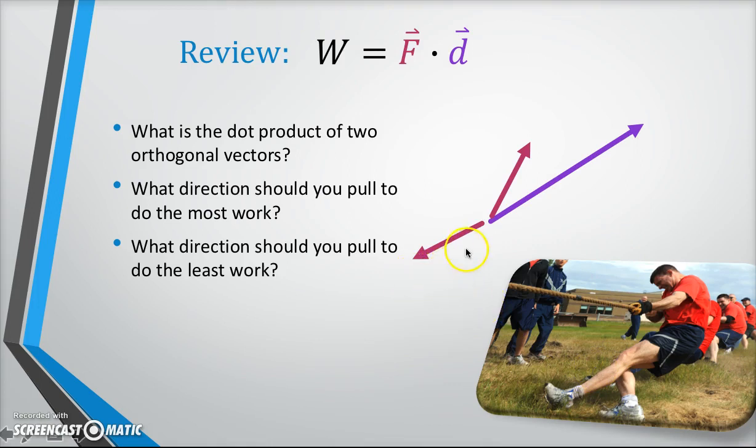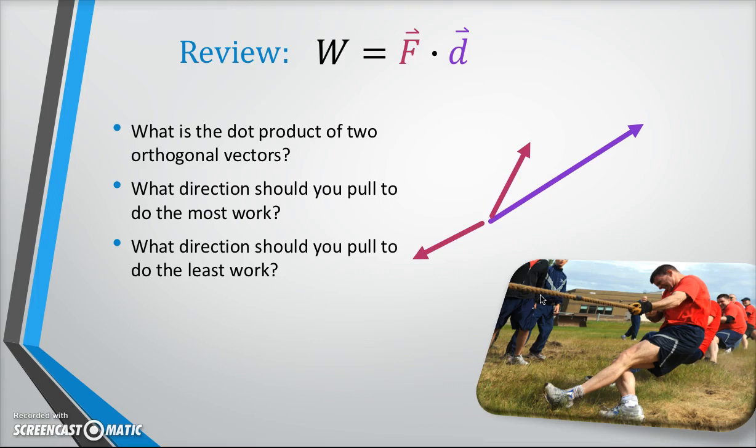However, if you define the least work as negative work, then you wouldn't be pulling parallel in the right direction, you would be pulling anti-parallel in the wrong direction entirely. You could consider the least work not as pulling straight up to do nobody any good, but actually switching to the other side and pulling to assist the other team. Not only are you not doing work for your team, you're actively doing work for the other team.